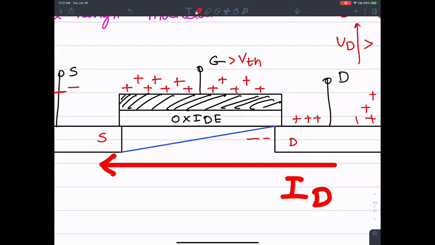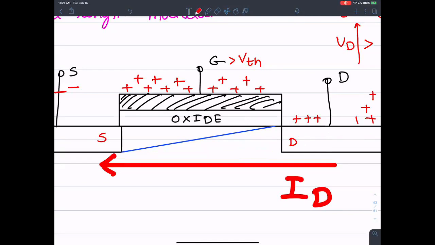All of the electrons that were supposed to be here are pulled into the drain. There is enough positive voltage on the drain to attract all electrons away from here, so the electrons can only exist like so.